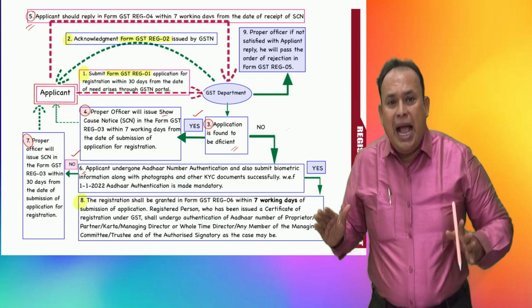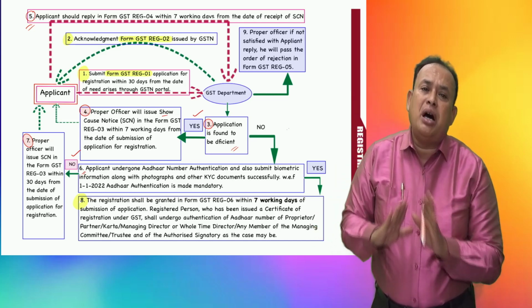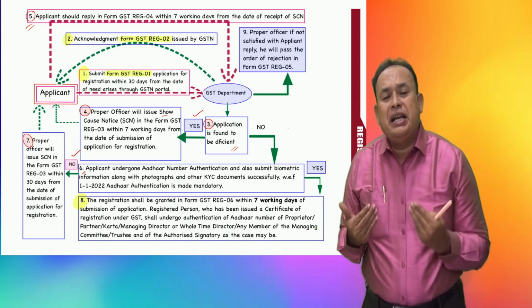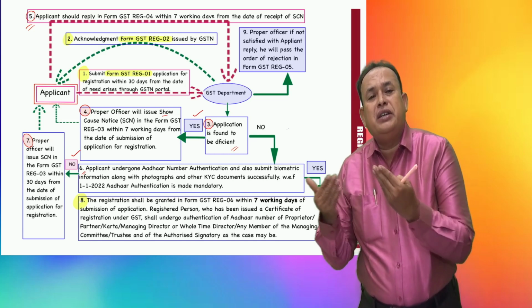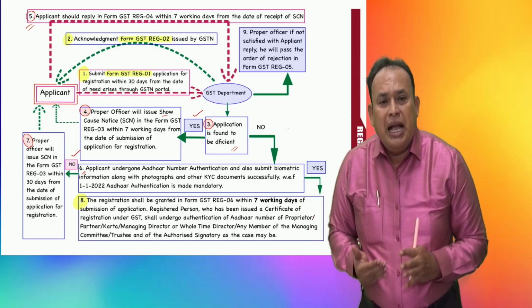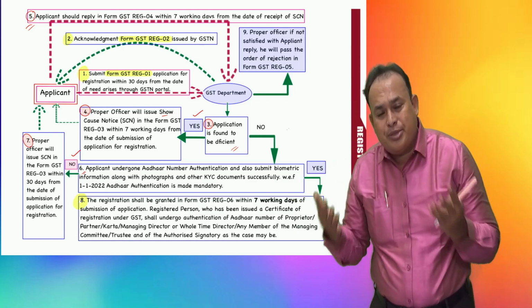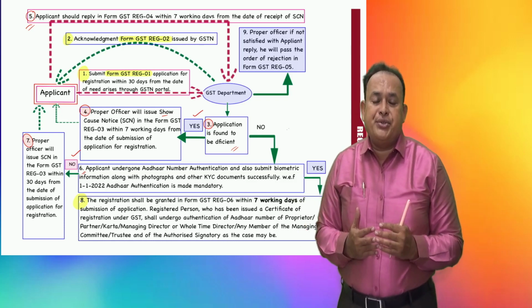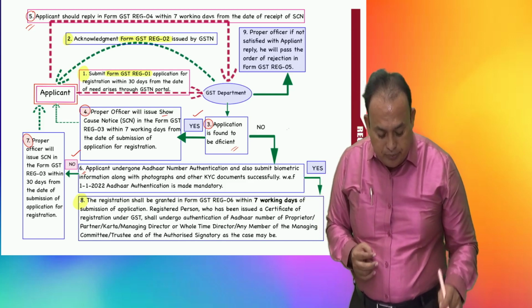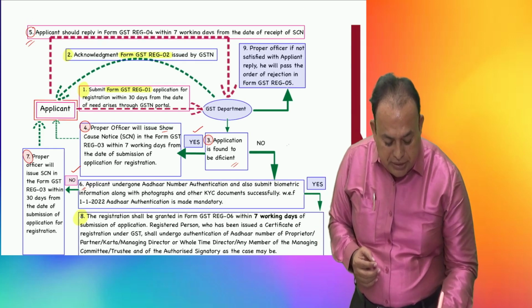As a whole, department not satisfied with my application for granting certificate of registration, and sufficient time is given to me to respond, I have not responded. In that case, here step 9 comes into picture.